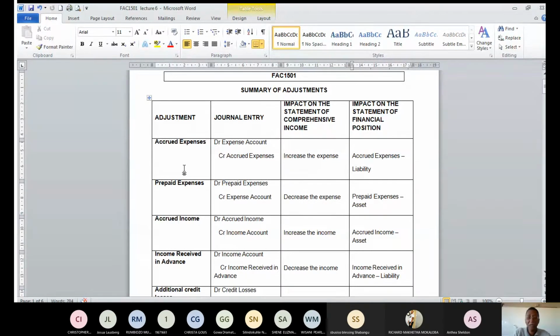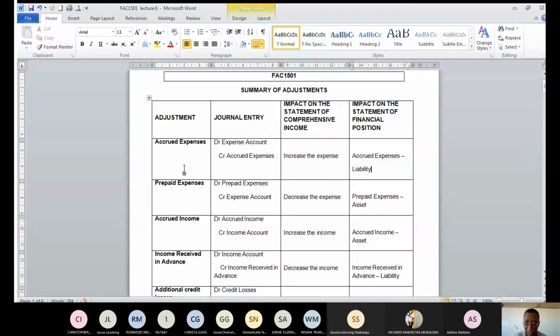This happens a lot, especially with expenses such as insurance, where perhaps you are paying during this financial year, but the expense is actually for the next financial year. You are paying in advance. That is called prepaid expenses.